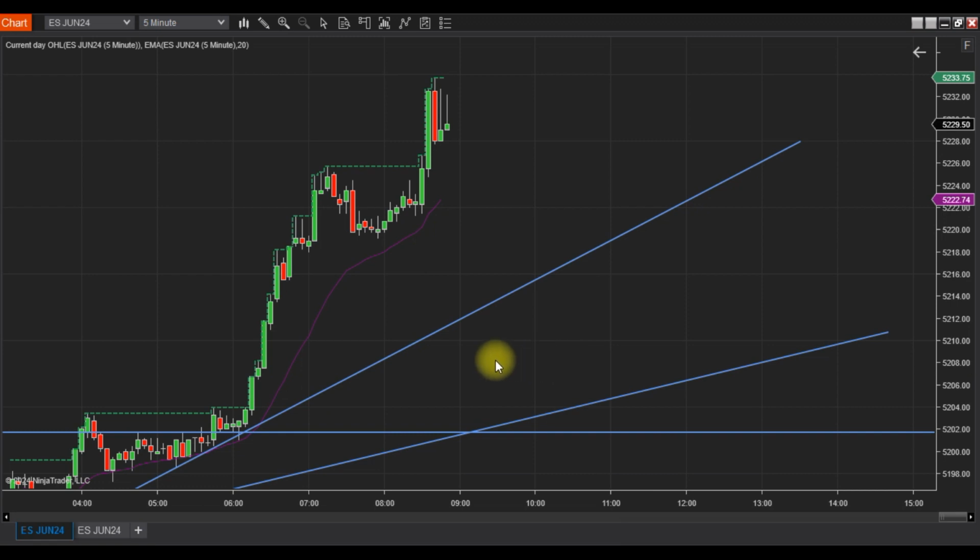So let's just sit here and let's wait for this range to do its thing. And maybe we'll find an opportunity here soon. It's very possible, too, that there's just going to be an opportunity later in the day.